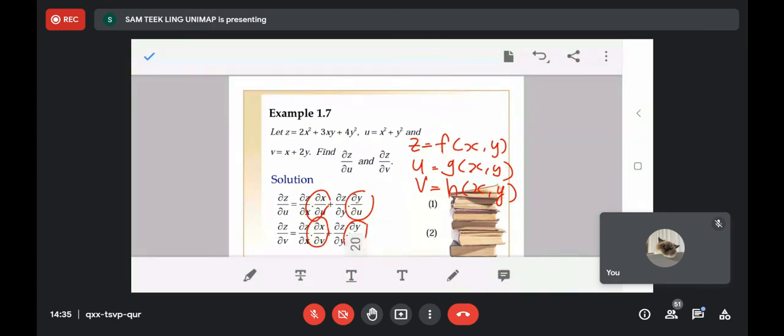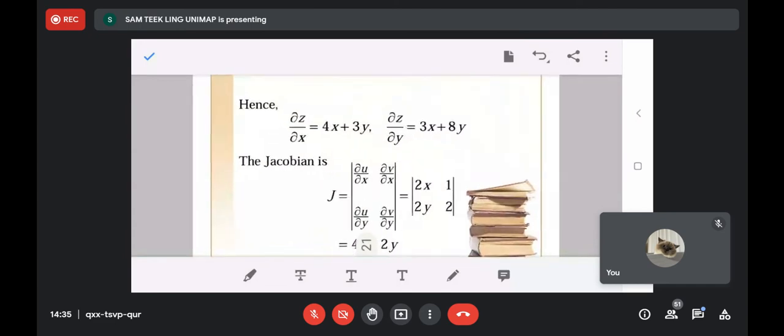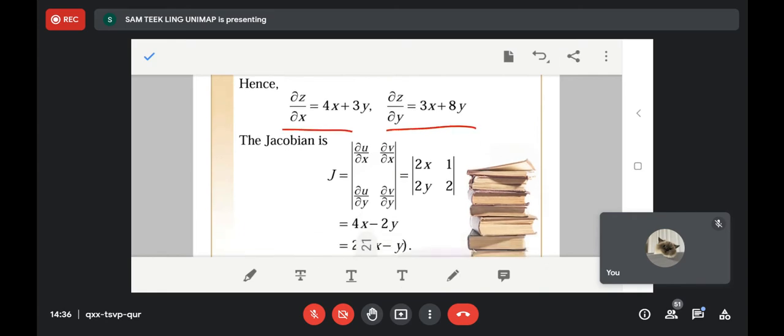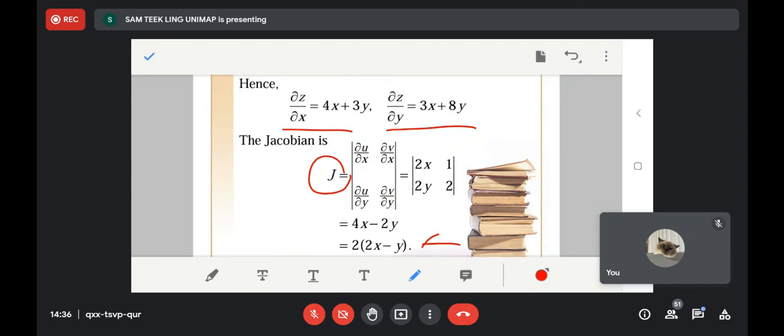So you can see your del z del x, you can directly solve, it's no problem. And after this, we solve our Jacobian. So we solve our Jacobian. So we will get this one.